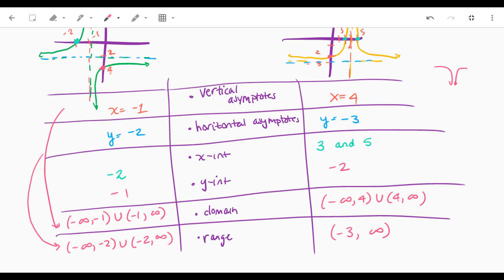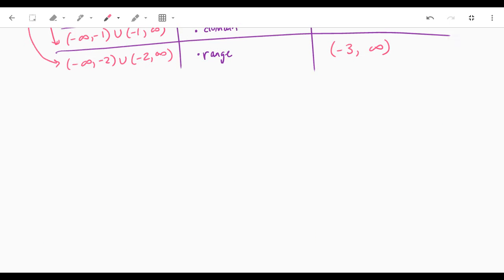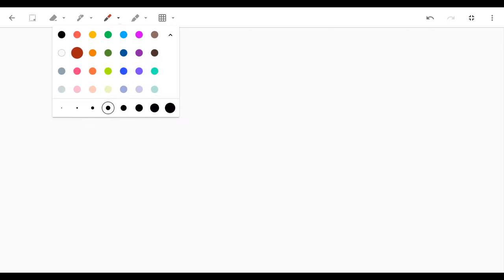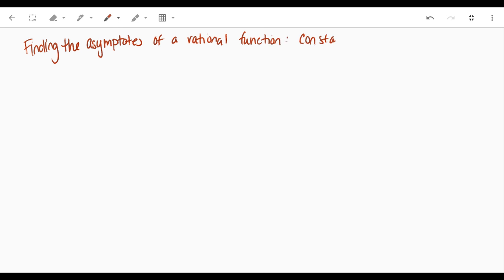Okay, next one. We have finding the asymptotes of a rational function, constant over linear.